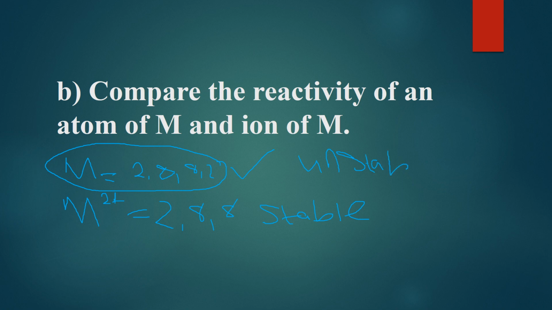So the answer you write is: M is unstable, hence it is more reactive, while ion M is stable, it is less reactive.